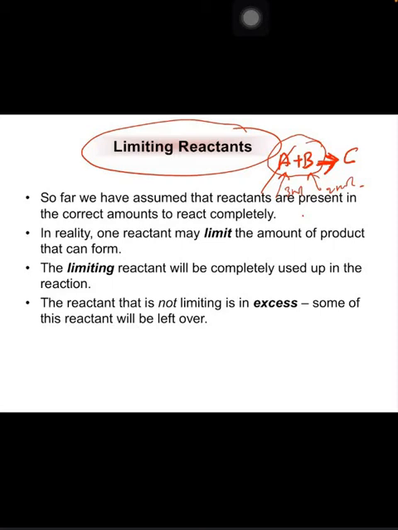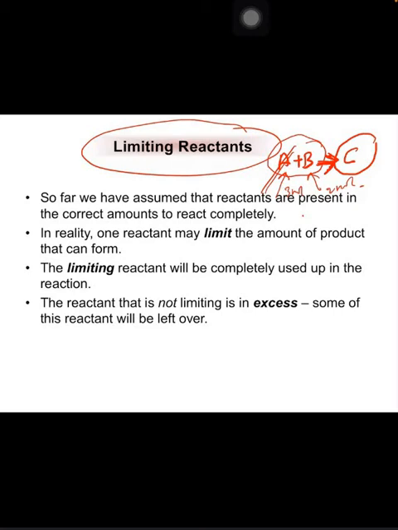Okay. So bila A ni habis, kita tahu kesan dia, reaction kita akan berhenti, reaction stop, and dia akan juga limit the amount of product of C yang kita boleh hasilkan. Okay, sebab bila tindak balas kita berhenti, that would be the maximum amount of C that can be produced walaupun B masih lagi ada lebih.